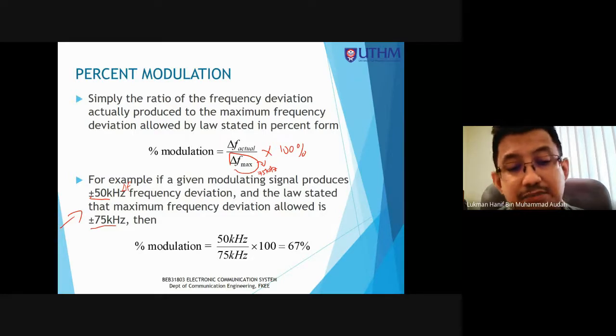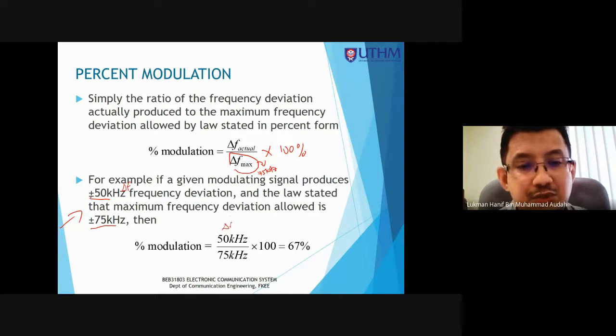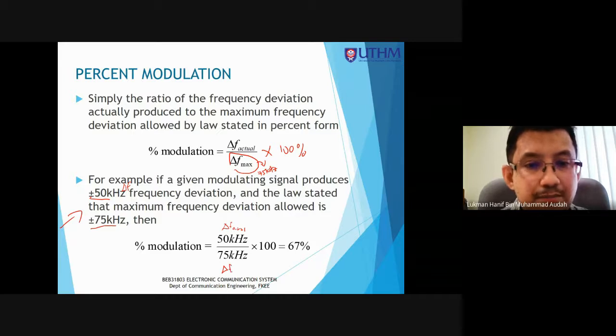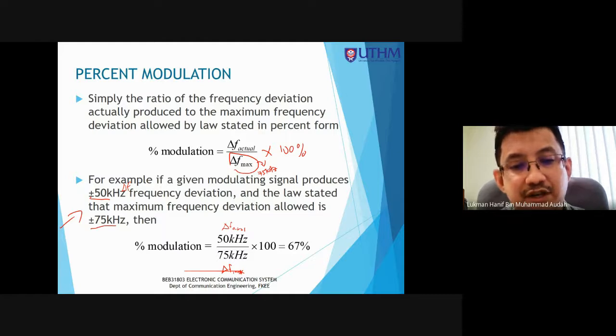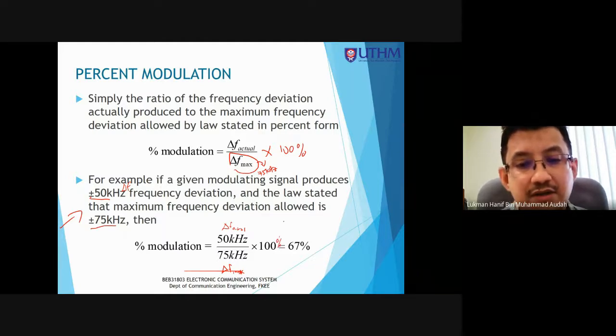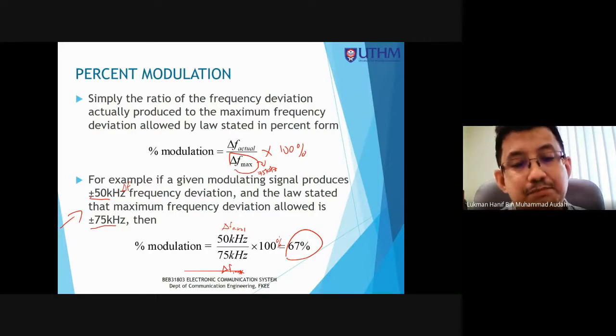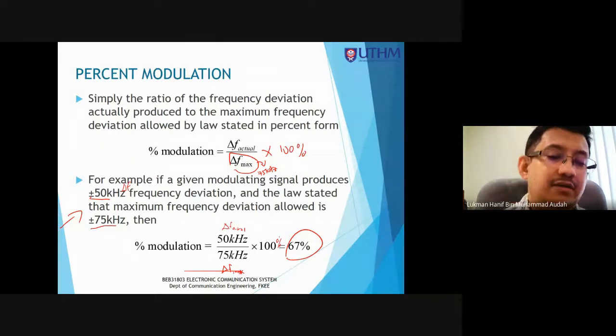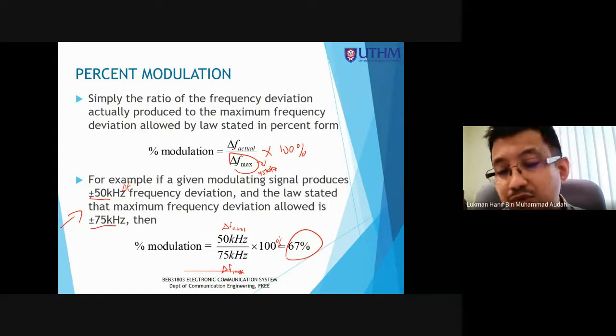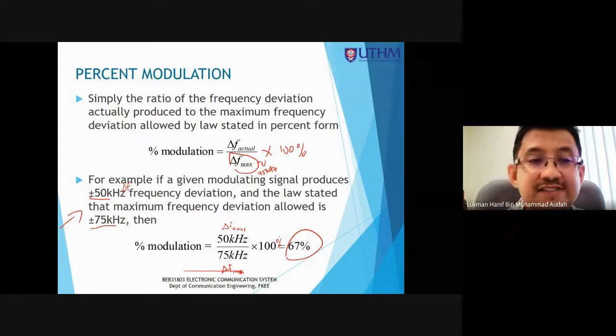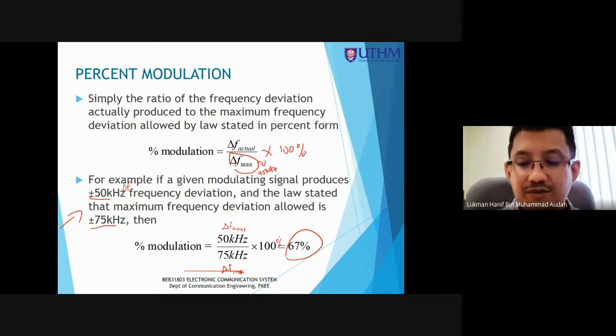Therefore, we can calculate the percent modulation is equal to delta F actual divided by delta F max. So 50K divided by 75K multiplied by 100%. You're going to get 67%. So this is the percent modulation. Okay, percent modulation. Ini bukan modulation index. This is not modulation index. This is the percent modulation parameter.